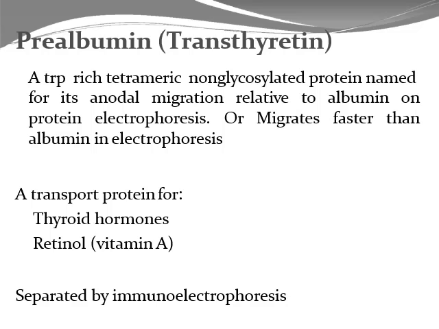So basically prealbumin is mainly made up of tryptophan, and it has negative charges, so this protein will migrate towards the anode compared to albumin, which has positive charges. This also migrates faster compared to albumin in electrophoresis.